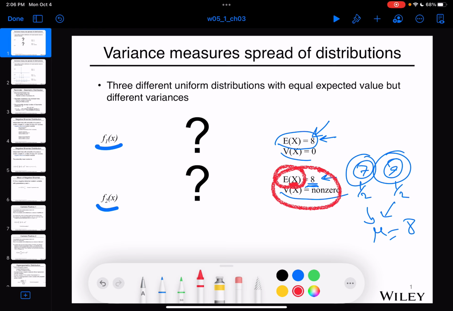If you remember the example of rolling a die, the expected value of x is 3.5. The number that we get on average is 3.5, and this number is the average of the numbers that show up on the die when we roll it. It's not a probability.